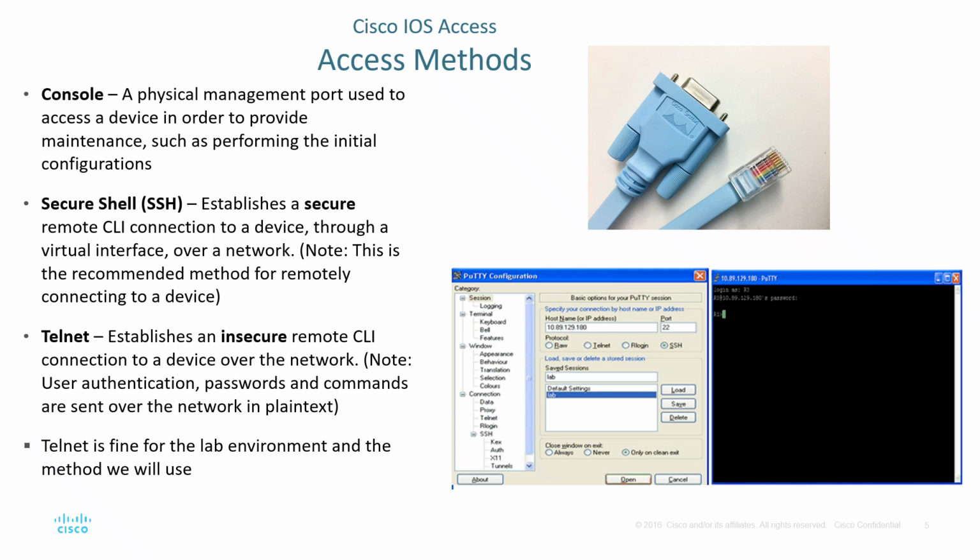Now, in order to get into our devices physically, we need different cables and access methods. So the first access method is a console. So a console is a physical management port used to access a device in order to provide maintenance, such as performing the initial configurations.